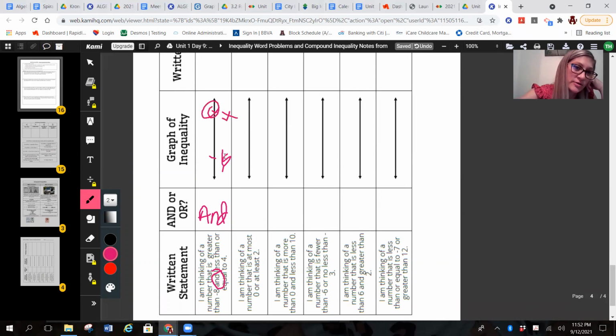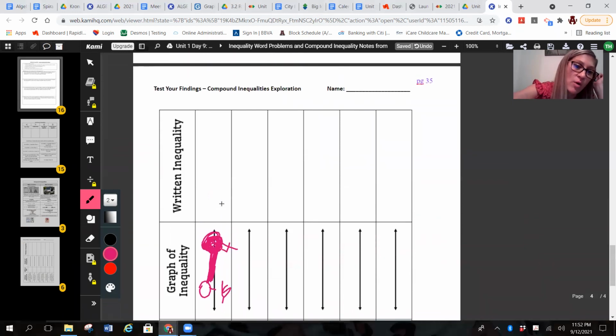So it said less than or equal to 4, and equal means shade in our dot. It said greater than -8, so that's an open dot. And anything in between would be okay. It's a number that you're thinking, anywhere in between -8 and 4, but not equal to -8, but it could be equal to 4. So writing that as an inequality, I'm going to say x could be greater than -8, but it could be equal to 4 or less than 4.